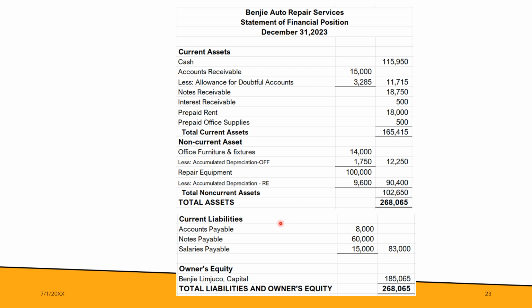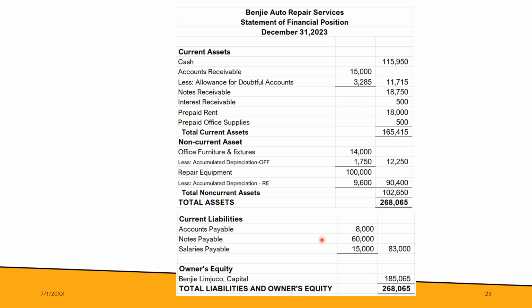For liabilities, we only have current liabilities, and we categorize accounts payable, notes payable, and salaries payable as current liabilities. For notes payable amounting to 60,000, the payable is actually to be settled within 1 year. So that's why it's included in the current liability section.